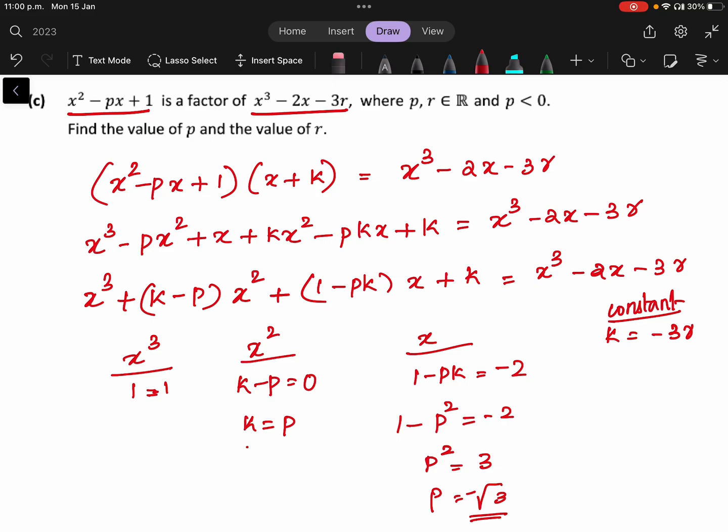And since k is also p, k is also equal to minus square root of 3. And from here, r is equal to k over minus 3, which is minus square root of 3 over minus 3. Okay, that is equal to square root of 3 over 3.